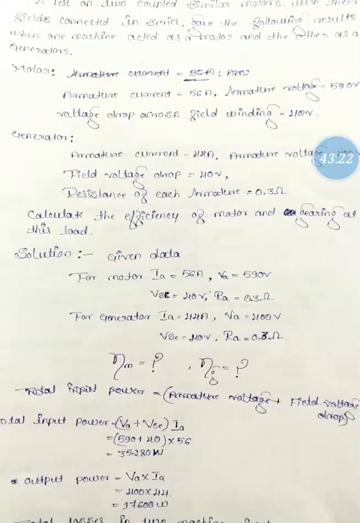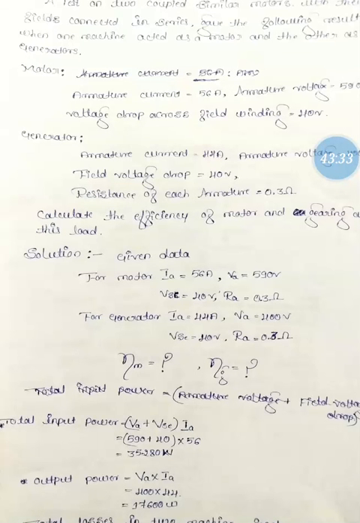Combination of those two is to be taken, then we'll get the total voltage drop of the motor. That is multiplied with the armature current, then we'll get the total input power, that is 335,280 watt. Then output power is the product of armature voltage and armature current, that is 400 into 44, then we'll get the output power as 17,600 watt.